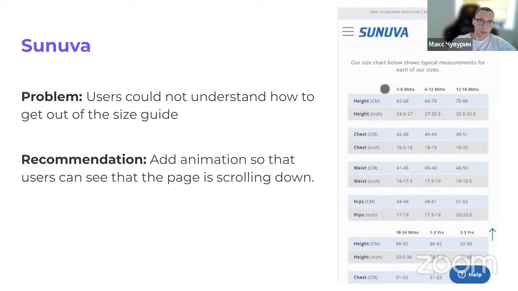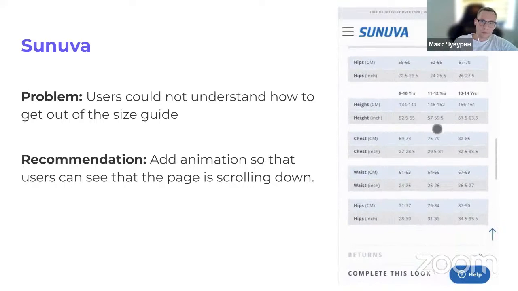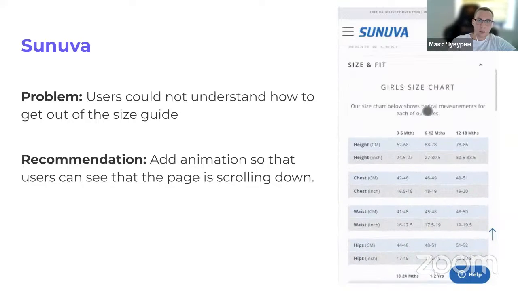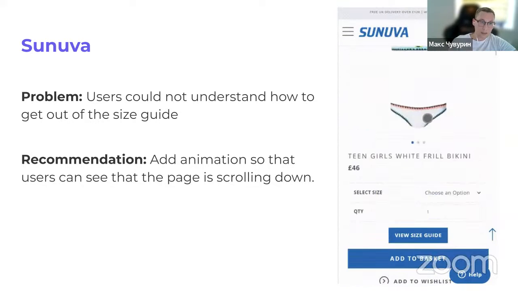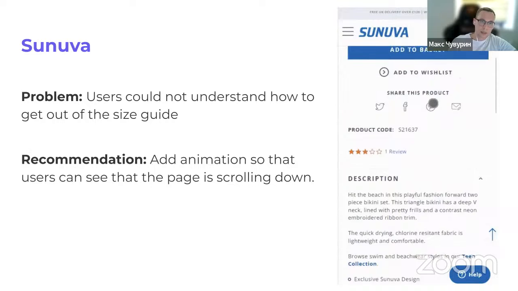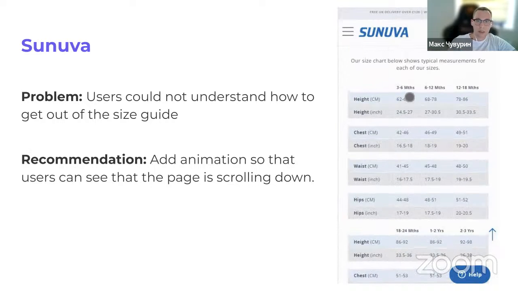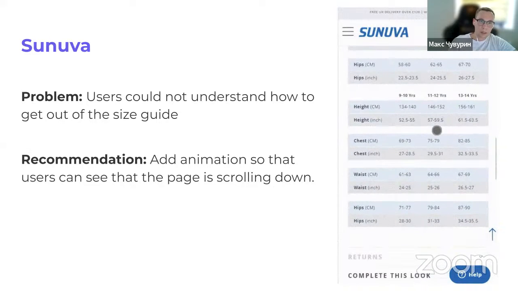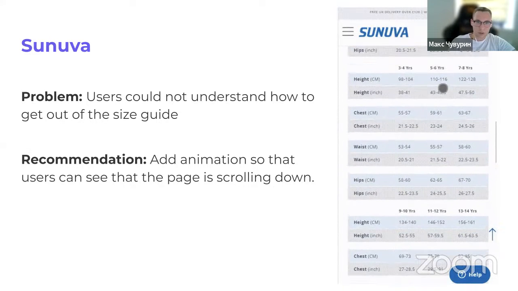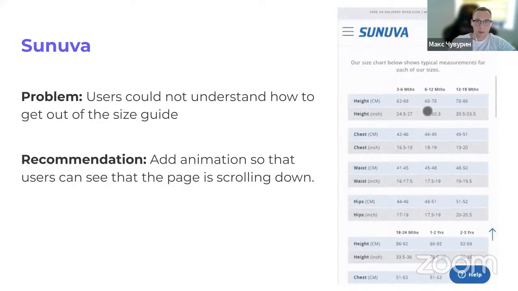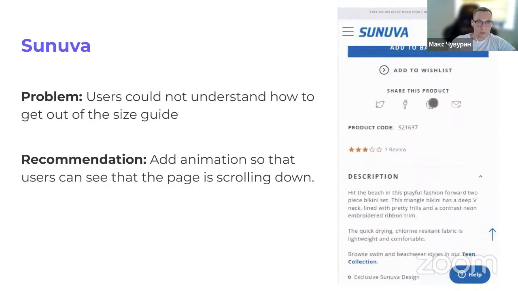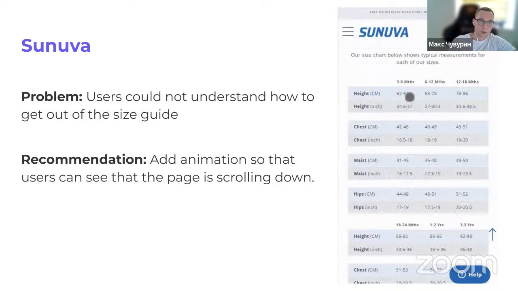For example, while conducting a usability audit for the website of kids swimwear from the United Kingdom, Sinuva, we identified the following problems. When users go to the size guide, it's not obvious to them how they can go back to the previous page or close the pop-up. It might be unclear to the user that at the bottom of the same page they have to scroll up to go back.